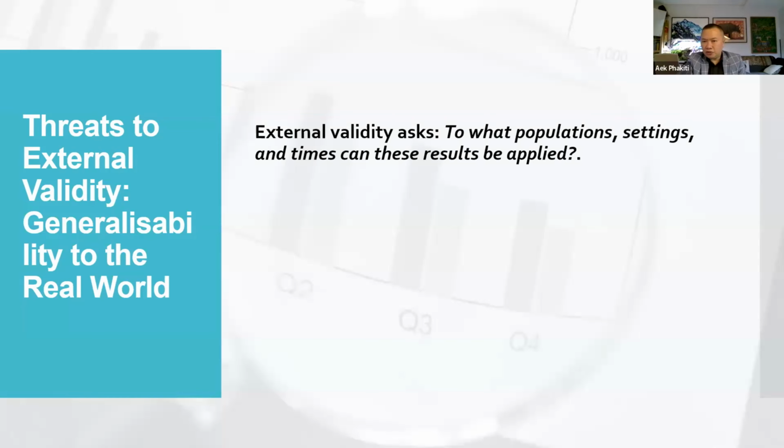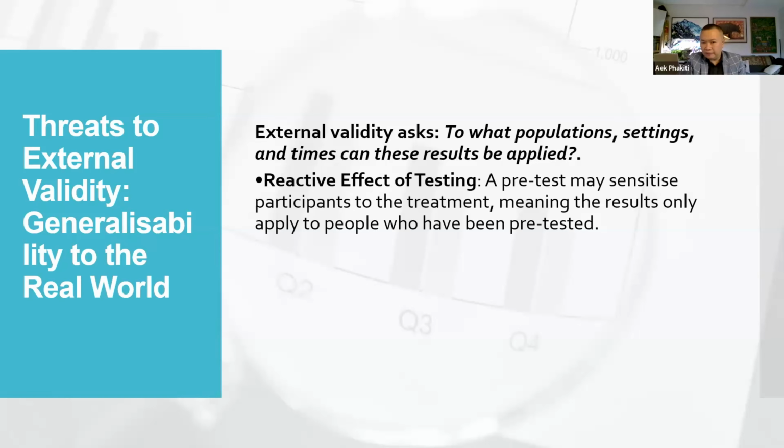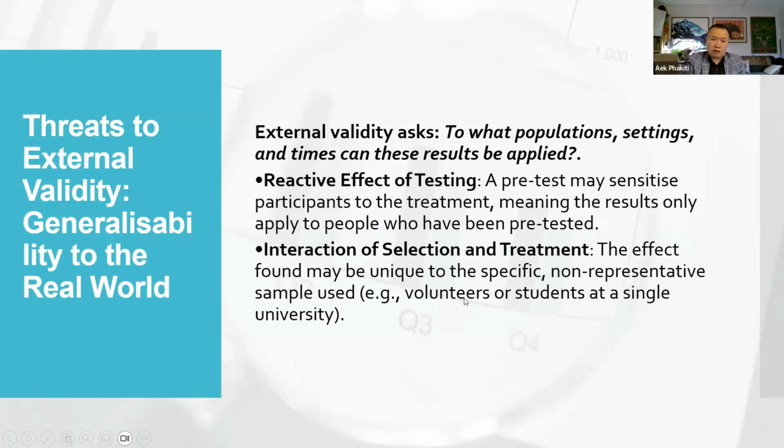External validity really is to do with how you generalize your findings. There could be some reactive effect of the testing. Some pre-tests may be sensitive to participants and may sensitize participants to the treatment, and therefore the result can only be applied to those who have done the pre-test.